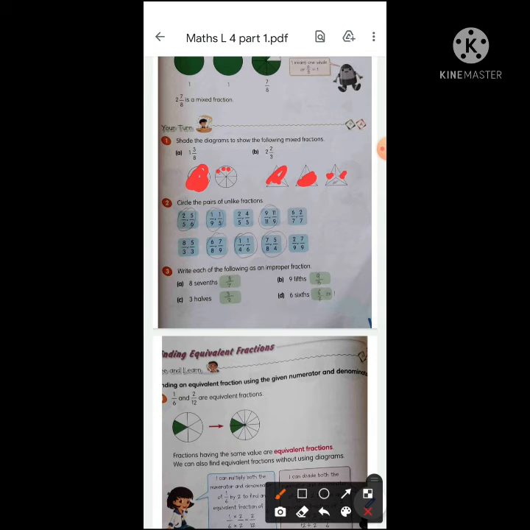Okay. Now see the second one: circle the pair of unlike fractions, which is not a like fraction. We have to circle that.